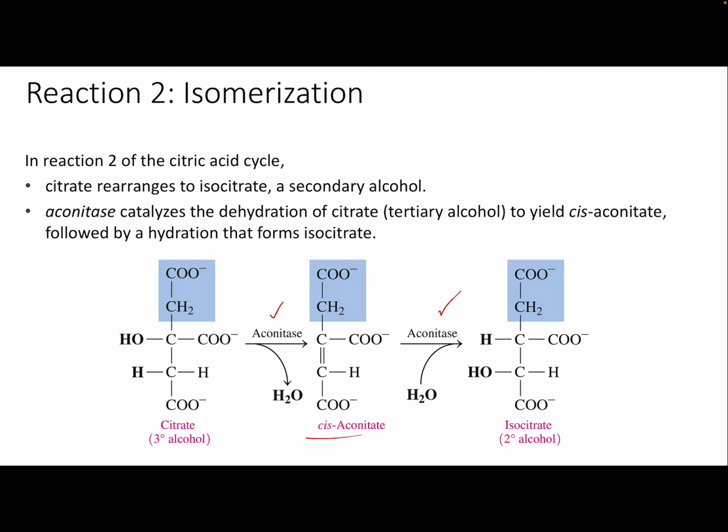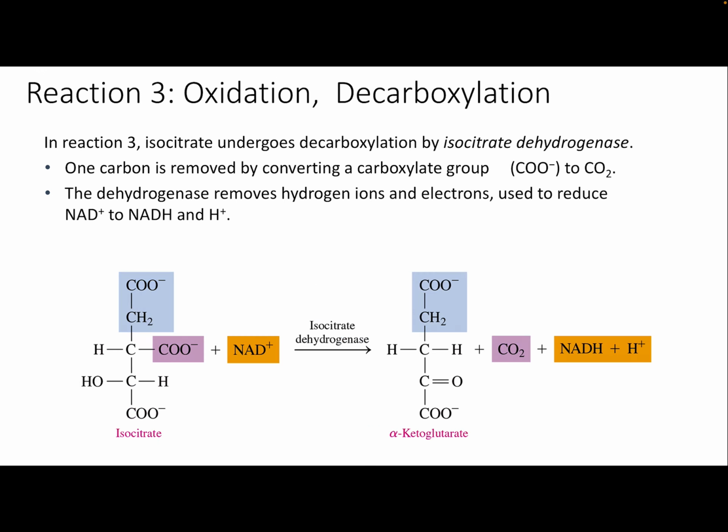Now this is all done in preparation for the next step, reaction 3, where we're going to undergo some oxidation. The oxidation here is going to be done by isocitrate dehydrogenase, and we're going to have a decarboxylation here.